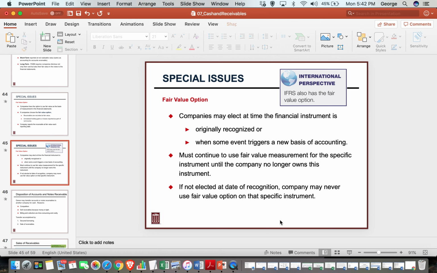If not elected at the date of recognition, the company may never use fair value on that specific instrument unless there was some special event that triggered a new basis of accounting. Very rare. So normally you have to say at the very beginning, when you receive the note receivable in your possession, okay, we're going to record this at fair value. Otherwise, it cannot be.